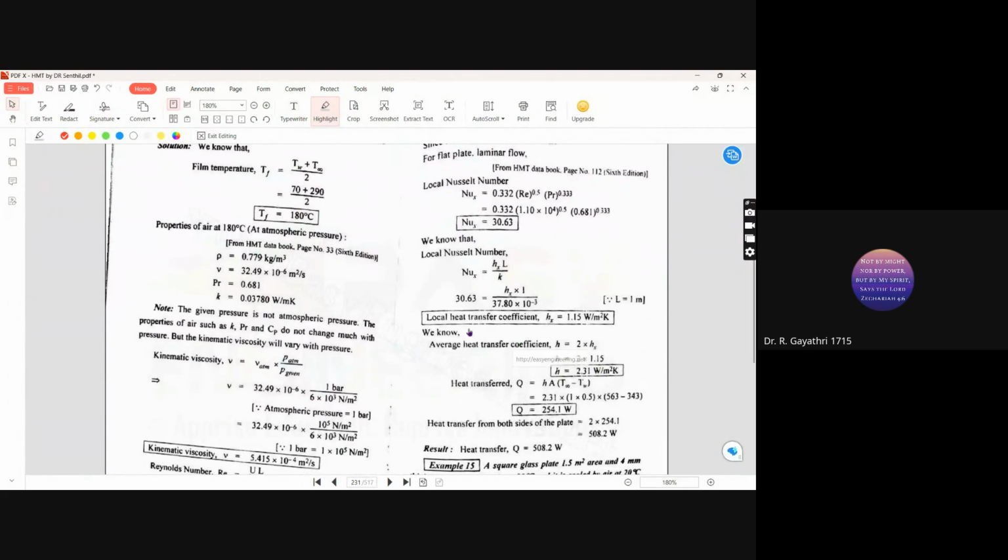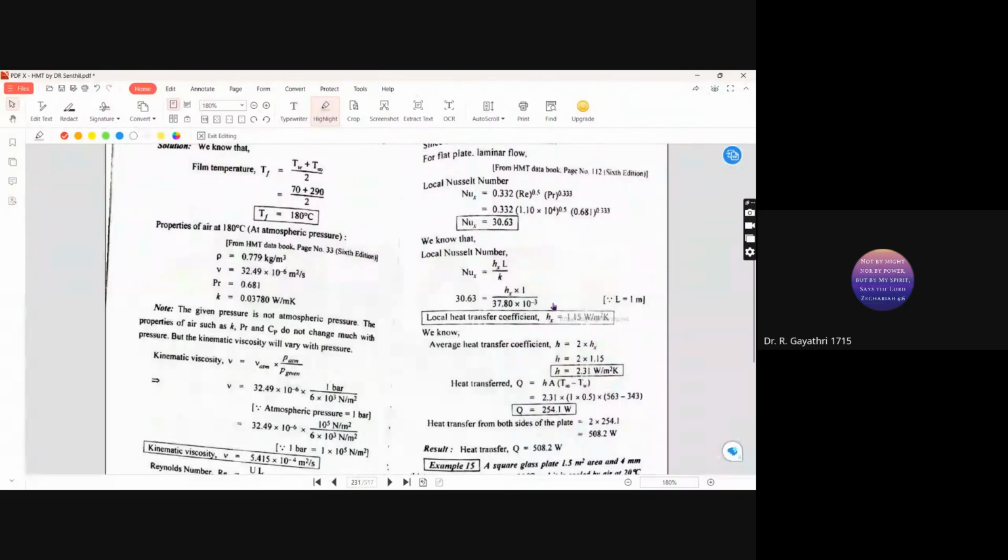K value can be taken from the data book at 1 atmospheric pressure. We can't find much variation if we change the pressure, but by changing pressure we can see changes in kinematic viscosity. So they used the same thermal conductivity value in the local Nusselt number equation.